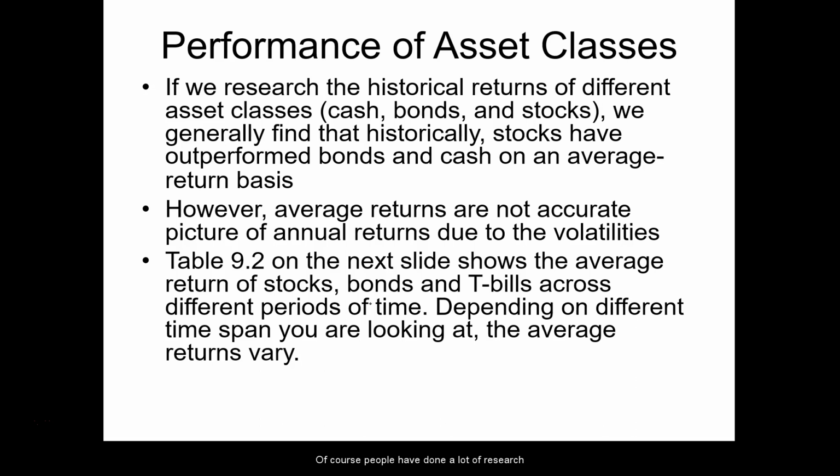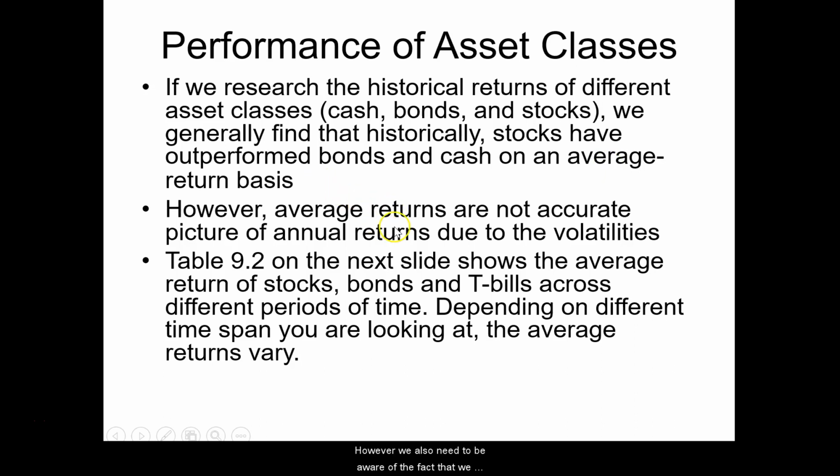Of course, people have done a lot of research on the historical returns of different securities such as bonds and stocks. And the general conclusion is based on the historical data, when we look at the historical returns, stocks generally deliver a higher return than bonds or cash if we look at the average returns across different period of time.